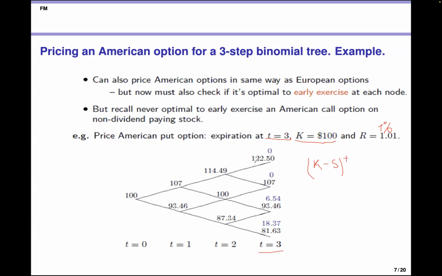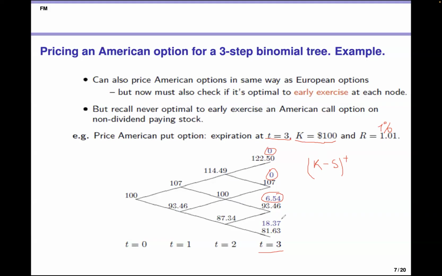So 100 minus 122 is a negative number, so we write 0. Okay, 100 minus 107, negative, we write 0. 100 minus 93.46 is positive, so we write this value, 6.54.